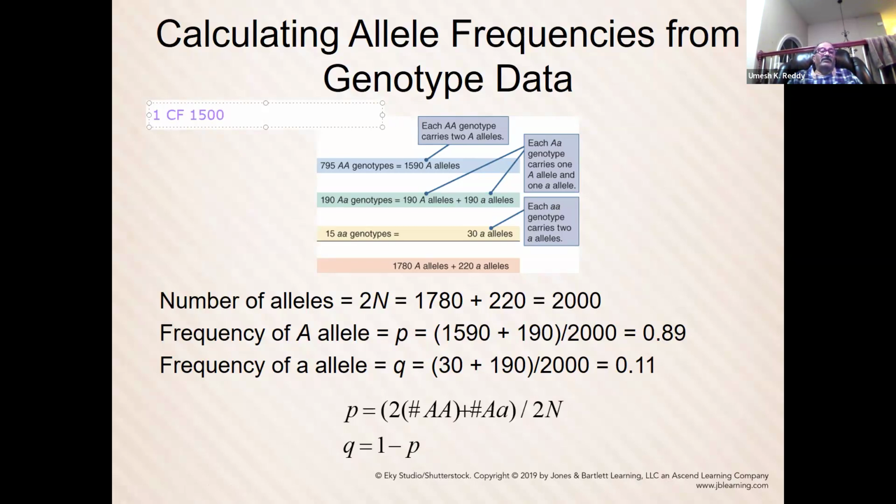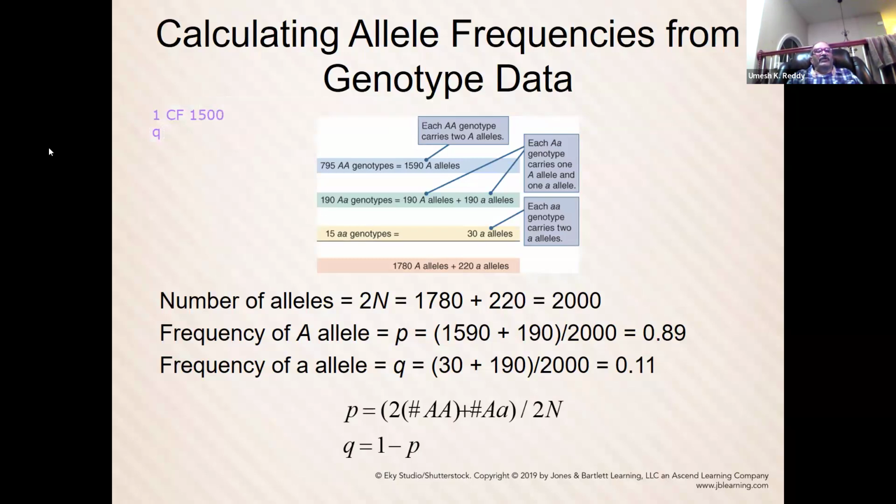And then you can estimate what Q is here. From 1 out of 1,500, you can estimate the frequency of that recessive allele.